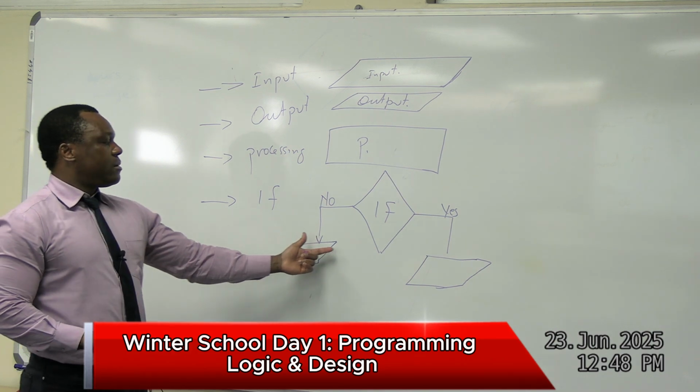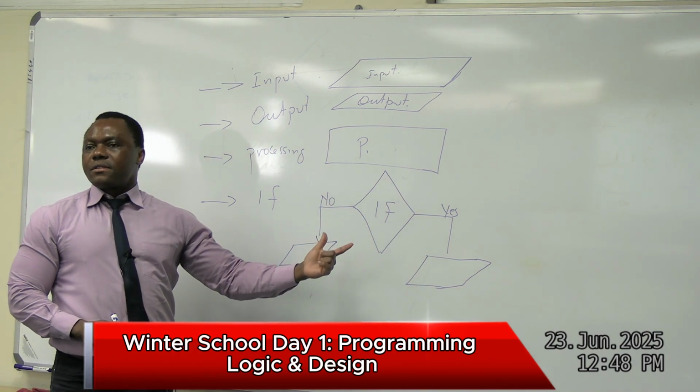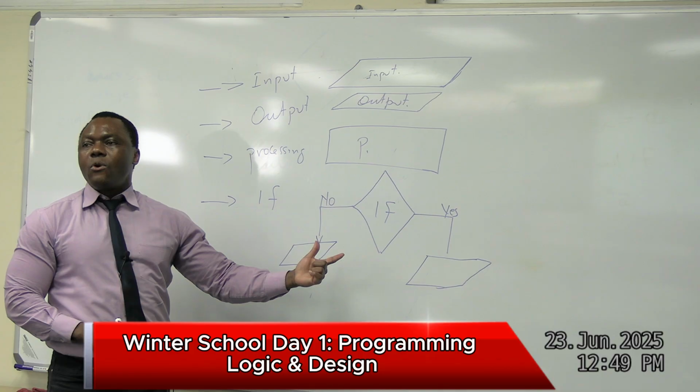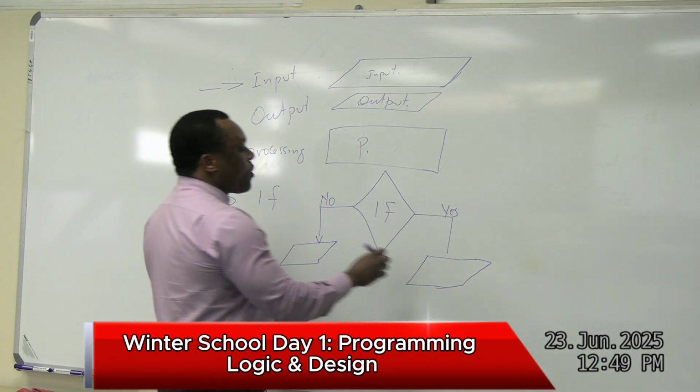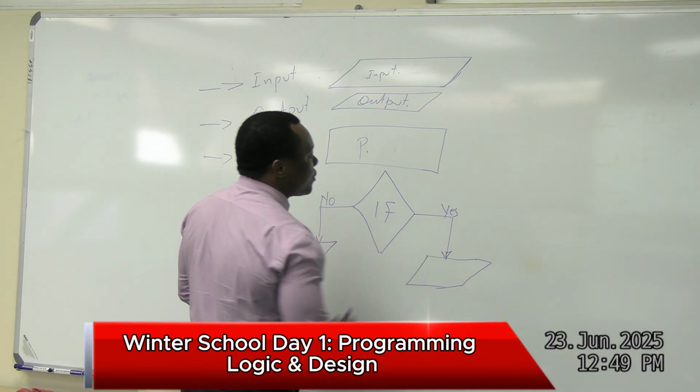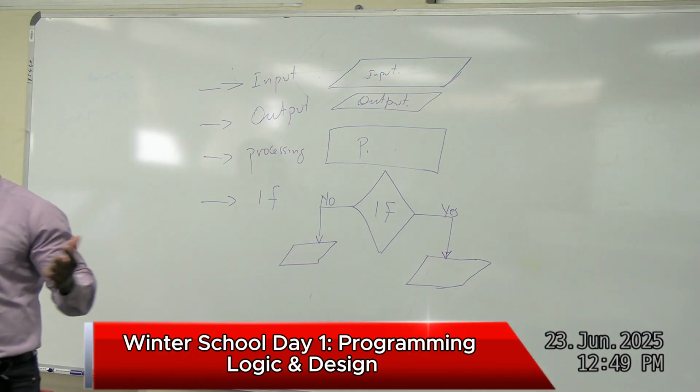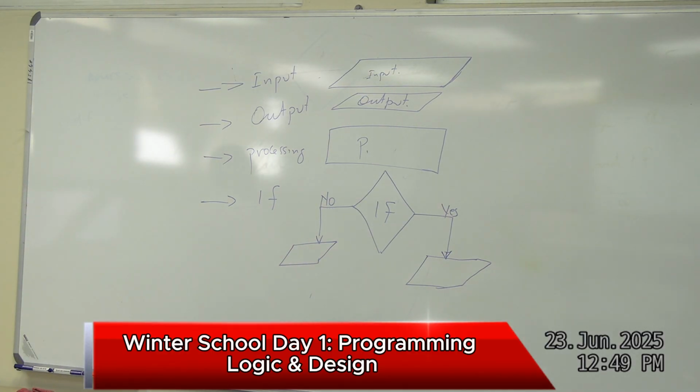Now, all these shapes are connected with a flow line or an arrow. You cannot establish all those diagrams without connecting them. They have to be connected to create that flow.